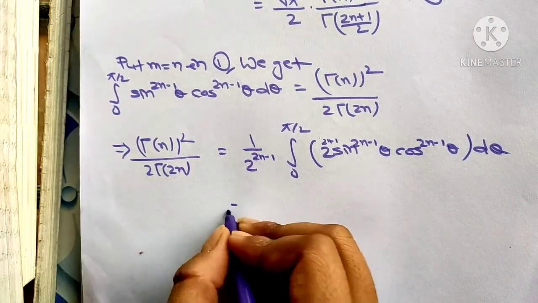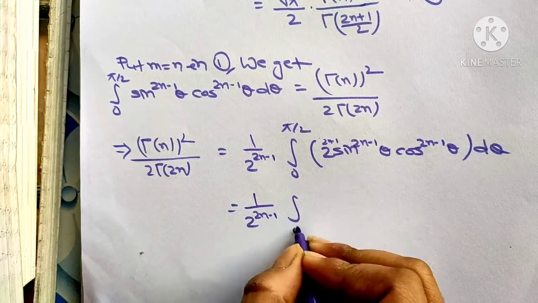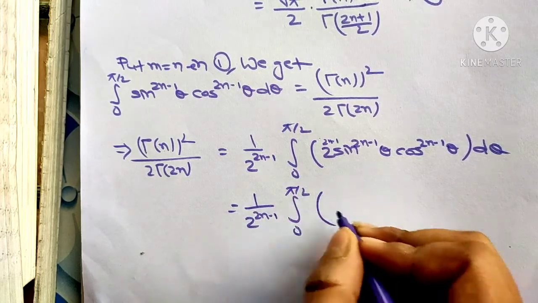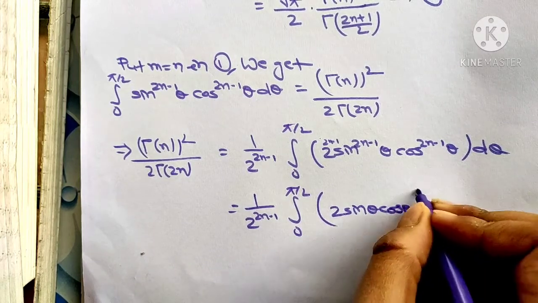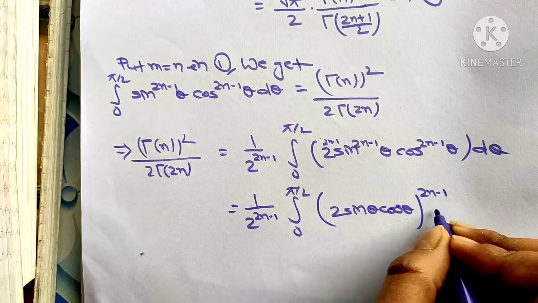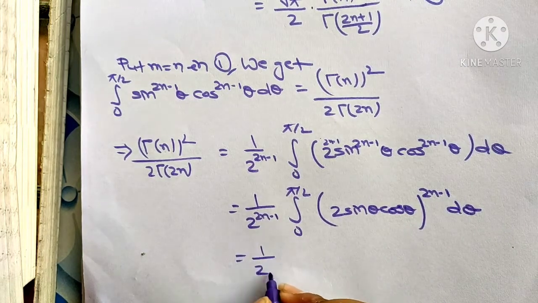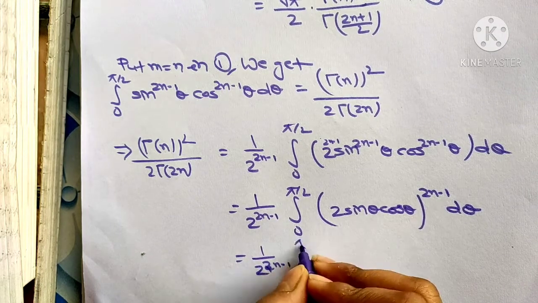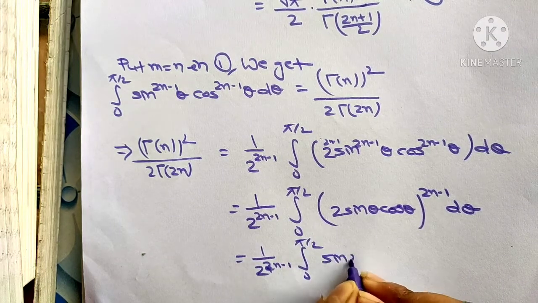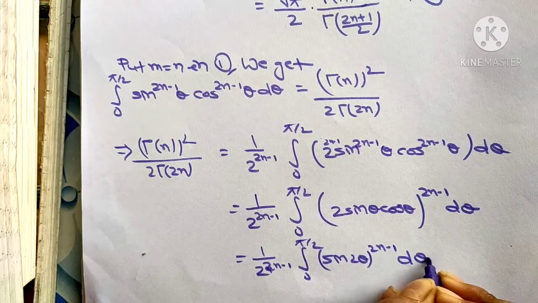Okay, let's see, 2^(2n-1) integral from 0 to pi by 2 of (sin theta cos theta) to the power 2n minus 1 d theta. This will be written as sin 2 theta.